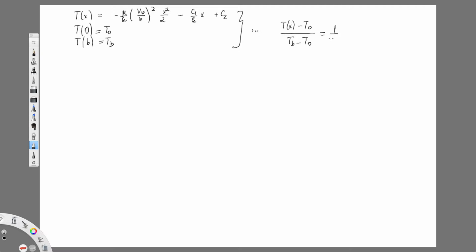So it's 1/2 mu Vb squared over k (Tb minus T0), times x over b, so x is normalized as well, times 1 minus x over b, plus x over b. And of course, I do this for Tb different from T0. If they're the same, I'm not going to solve for this temperature distribution, because there is no heat transport.